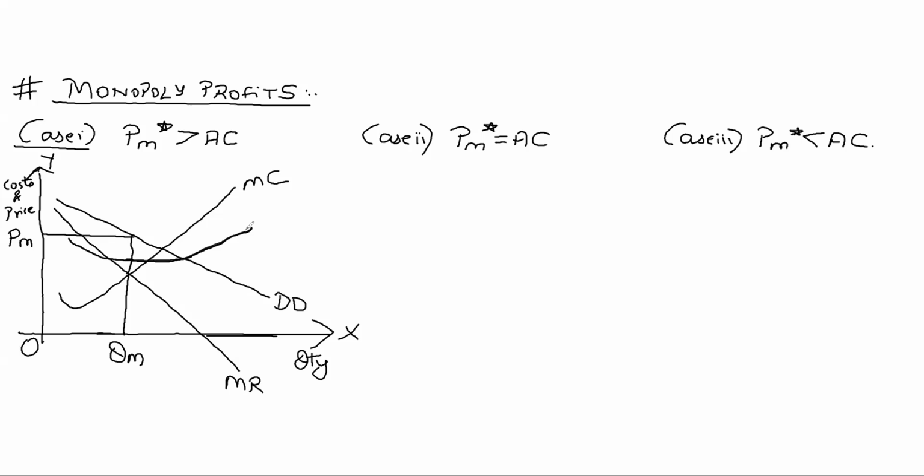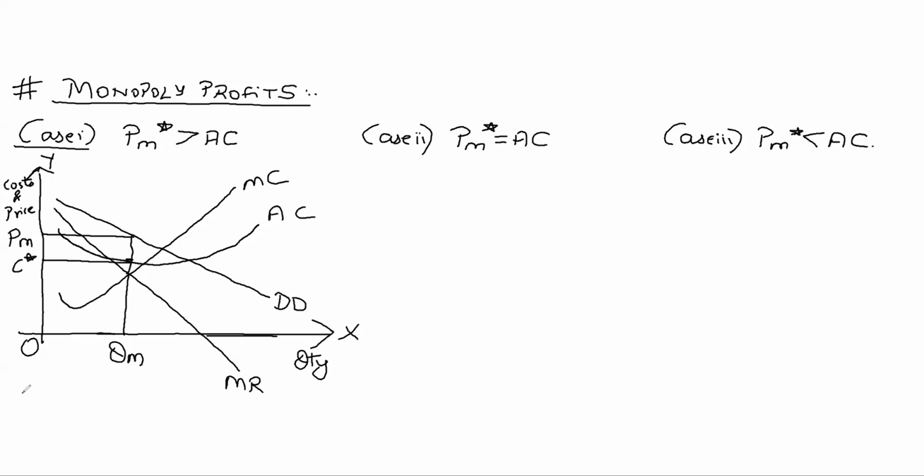All of us know that the average cost curve is U-shaped. This is my AC curve. You can see what is my total cost. So if I label this as C star, this is my C star. Okay.